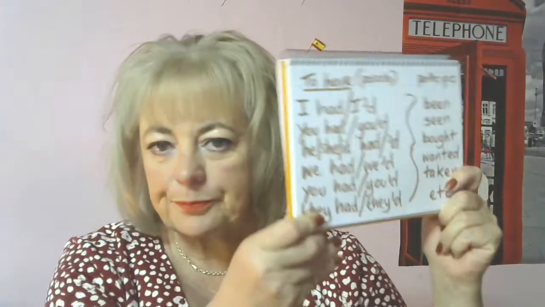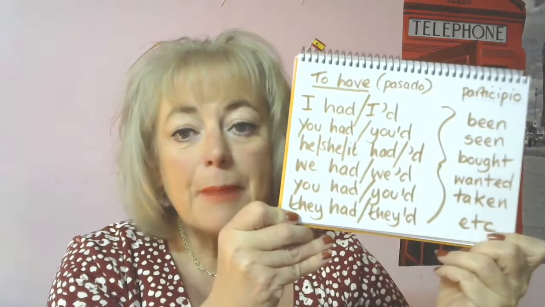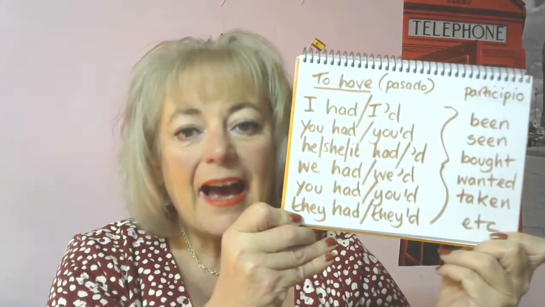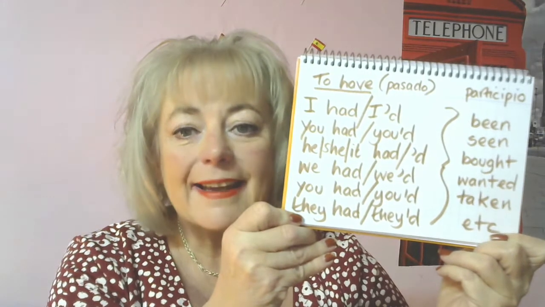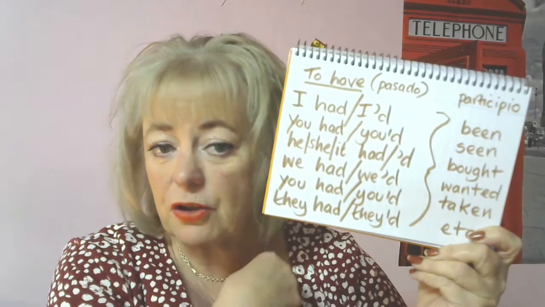In English, we use, let's see, so we use the verb to have in the past tense. I had or I'd, porque también hay contracción posible también.